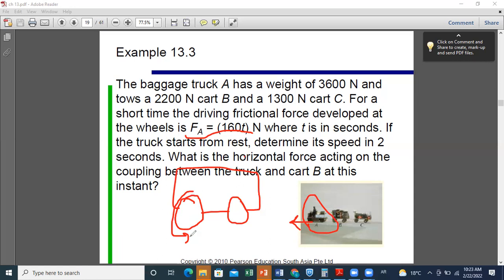Once the wheel starts to rotate with respect to the ground, it will put a force on the ground in this direction, and by action-reaction, the ground will act on the wheels in this direction. So friction here is trying to oppose rotation of the wheel, but by opposing the rotation of the wheels, it is favoring translation of the car. So this friction is resistant to rotation of wheels, but it is driving translation of your car.